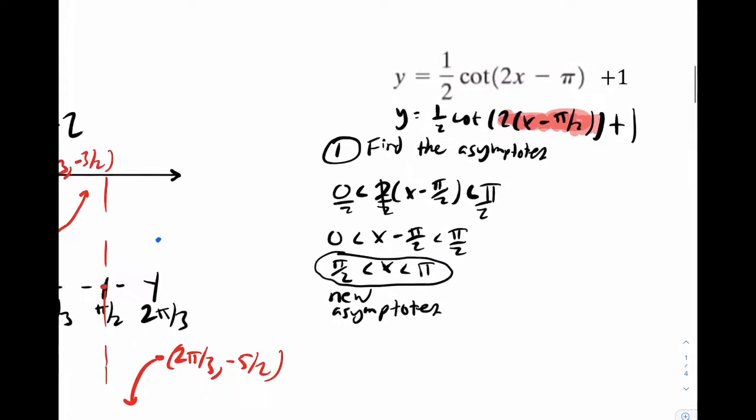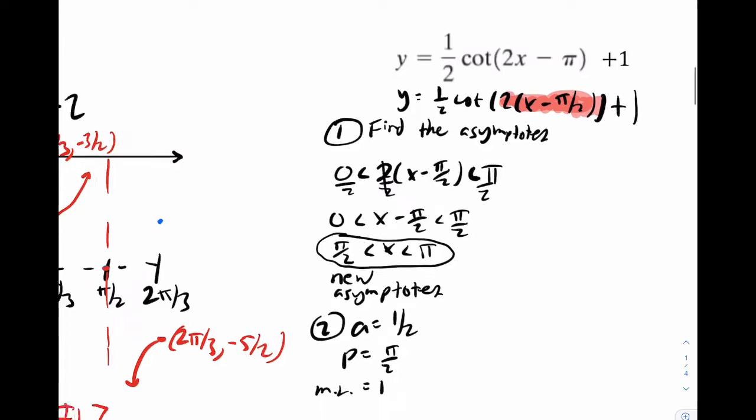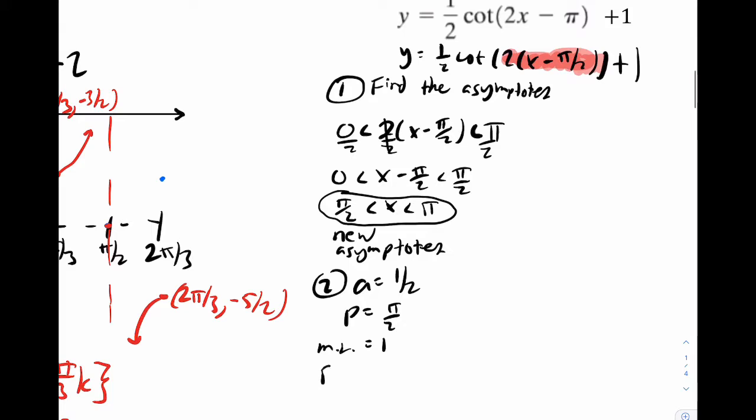And then we can write down some information here, because once you start graphing, we do need a couple facts. We can see a is a half, the period is pi over 2, the midline is 1, and there is a phase shift of pi over 2 to the right. However, this part we're going to ignore because we already covered the phase shift right here.